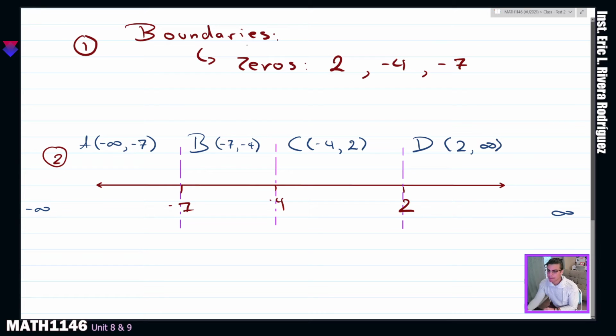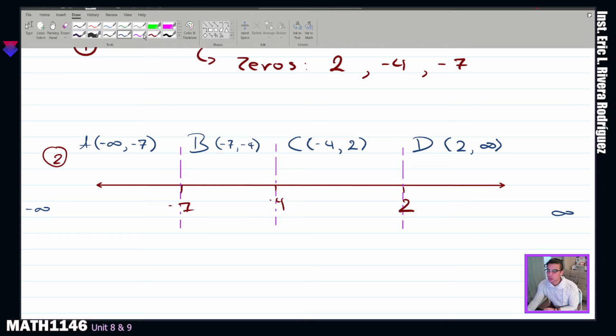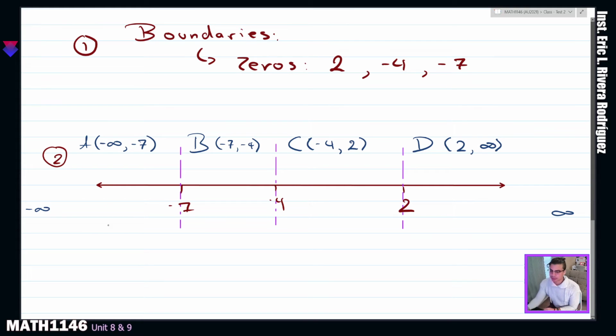Okay, so why am I doing this? Because we are looking for x values that make the polynomial negative.